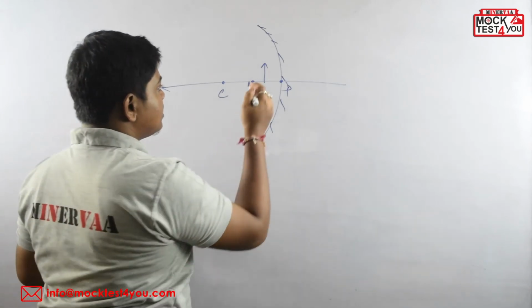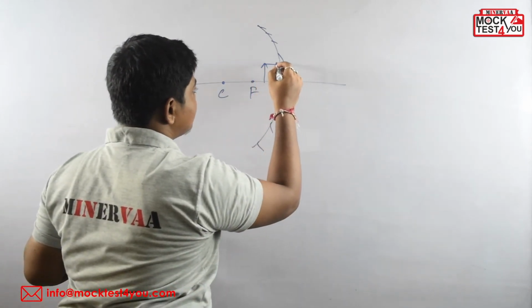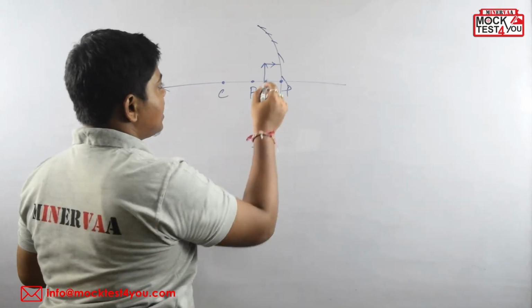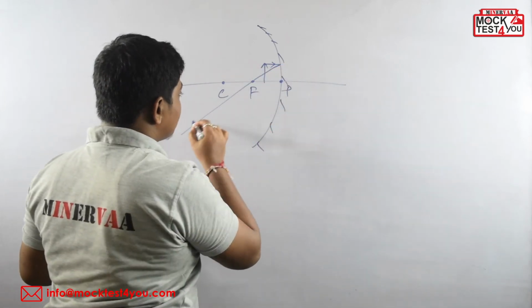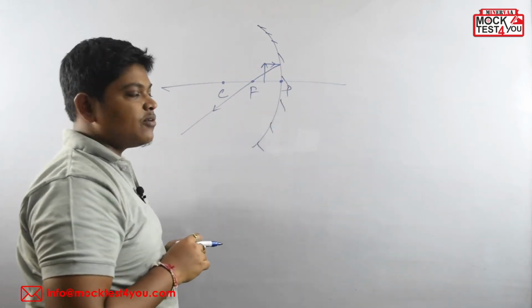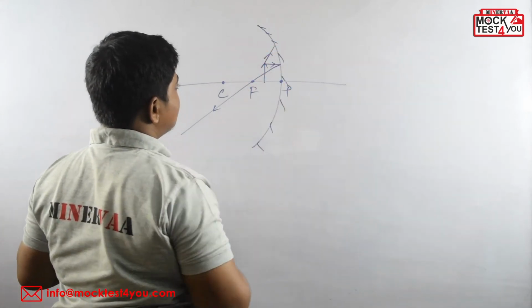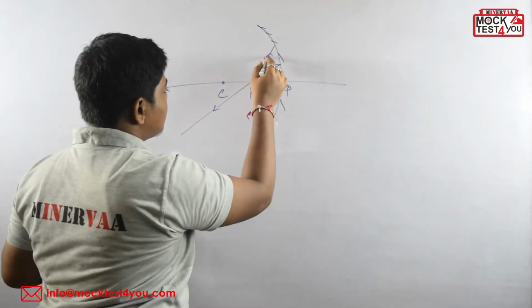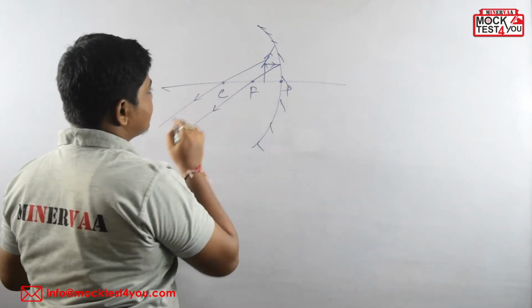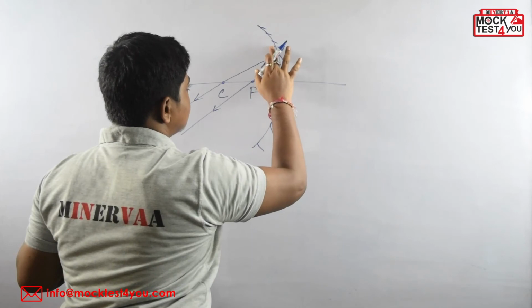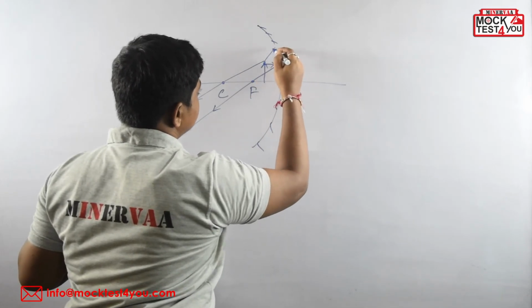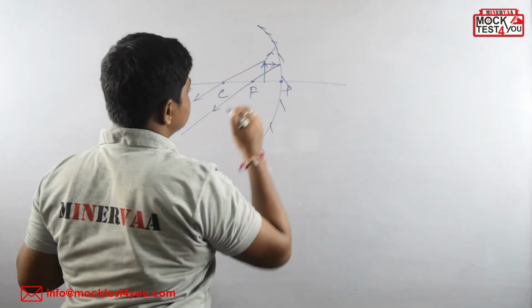So what happens? A parallel beam of light will travel and hit the reflecting surface and it will pass through the focus. Another beam of light will hit the top of the mirror and it will pass through the center of curvature. In this case, the light diagram should be drawn straight, just remember.